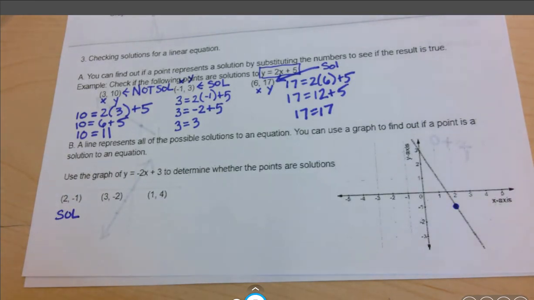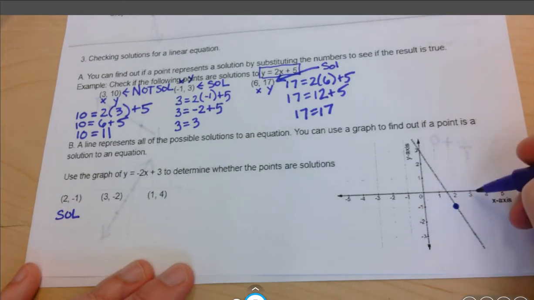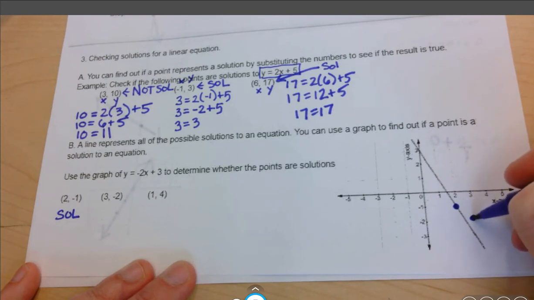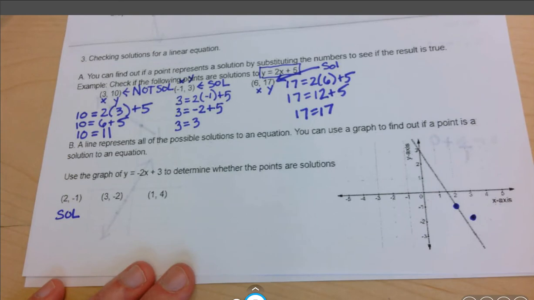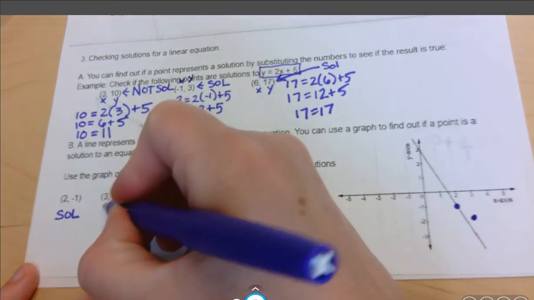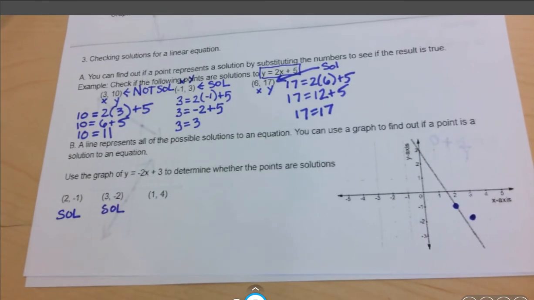All right, 3, -2 is a little bit tricky. 3, -2. Right here. Is it a solution? No, it was really close, but it was not a solution. All right, last one for today.